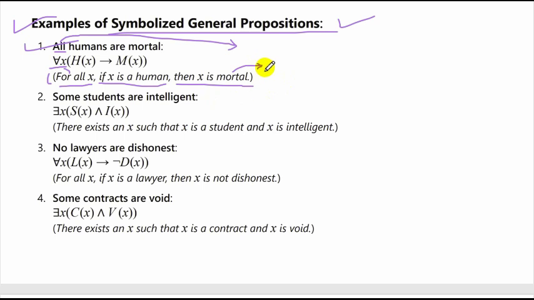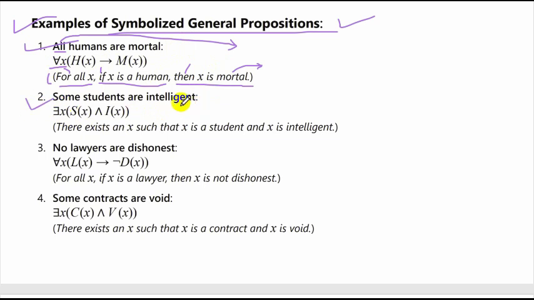Immortal means you don't die, or the thing doesn't die, like memories, they don't die. So this implies for all x, if x is a human, then x is mortal. So this is an if-then relationship. For the universal quantifier, we have to use the if-then symbol.